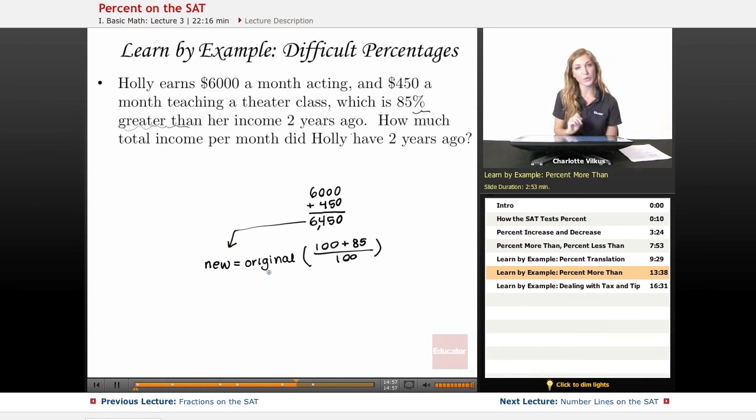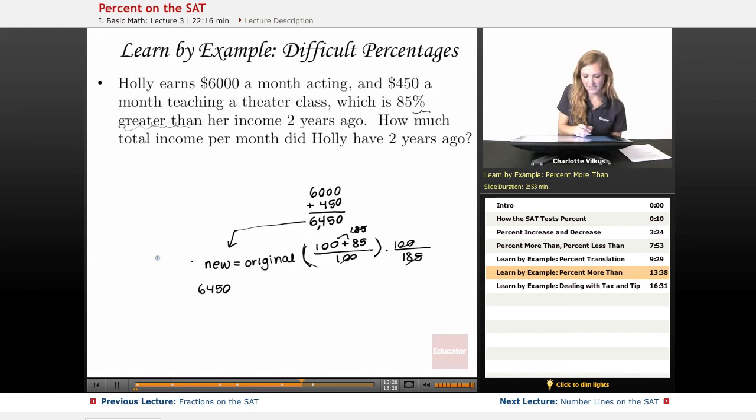So given that, the only unknown that we have is the original amount, which happens to be what we're looking for. So we would just plug in 6,450 here, and then we could take this and invert it. So here we would really have 185. If we invert it and multiply, we'll get to cancel out this fraction on this side. So 100 and 100 will cancel, and 185 and 185 will cancel.